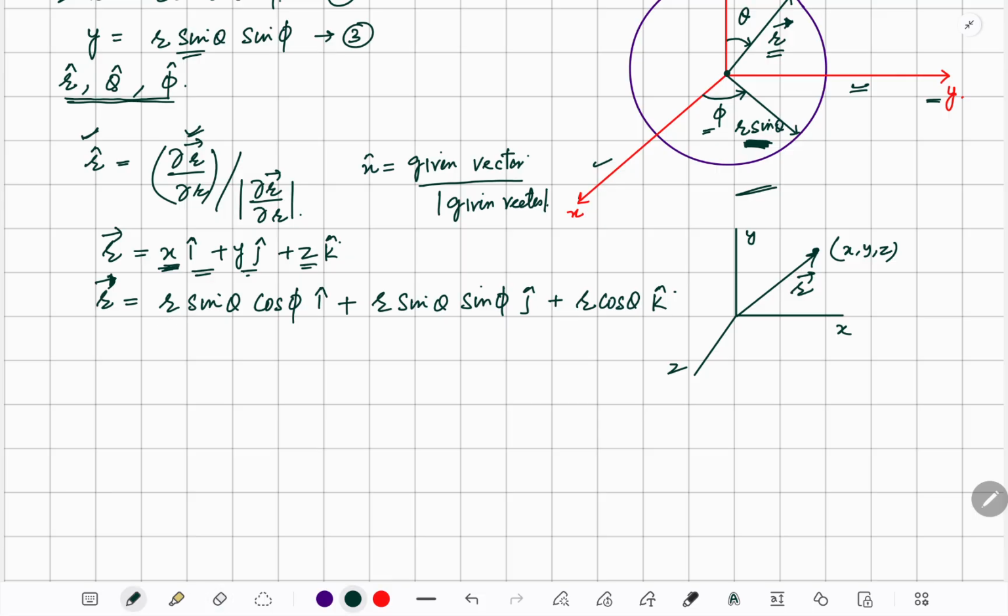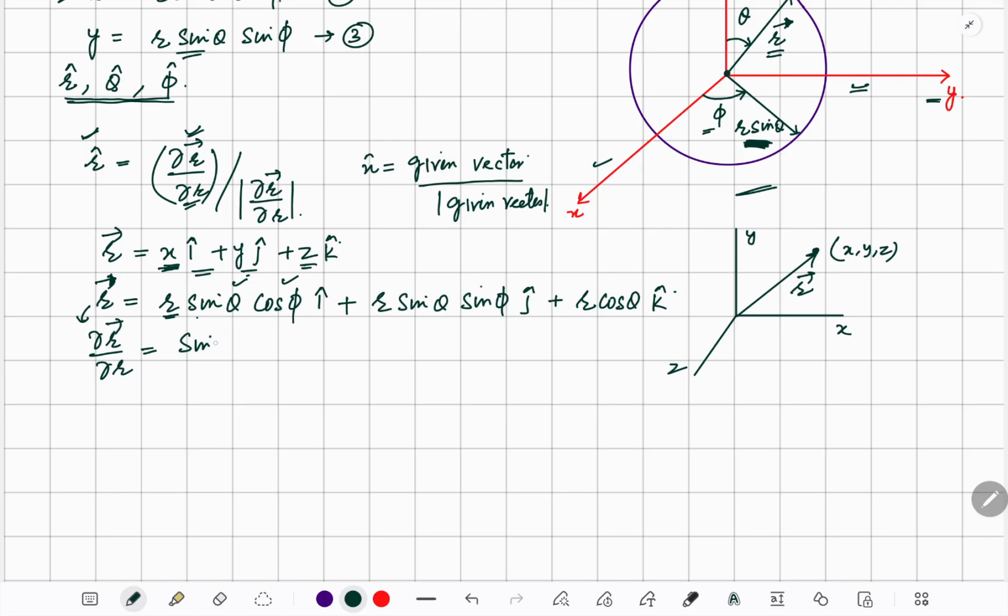Now we have to differentiate this position vector partially with respect to r, keeping theta and phi as constants. Okay, that's the very important thing. We move a small infinitesimal displacement along r, keeping theta and phi as constants. So let's differentiate it. Dou r by dou r. Sine theta and phi are constants.